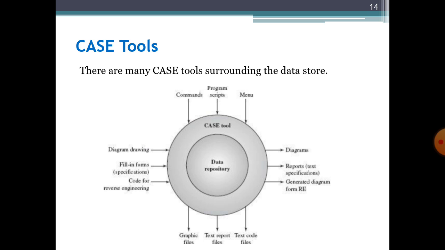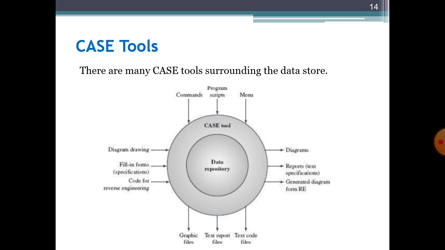So students, if you see in this CASE tool diagram, you can see that these CASE tools are surrounded by the data store as well. These CASE tools can provide different program scripts, menus, static diagrams by UML, different dynamic diagrams, different code generators, different forms, and different reverse engineering techniques.